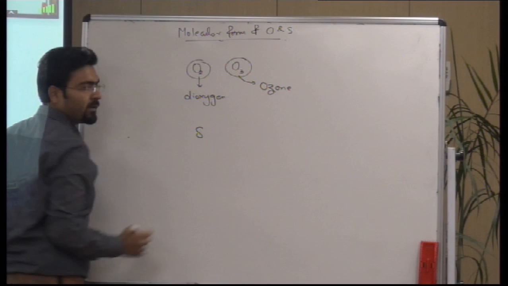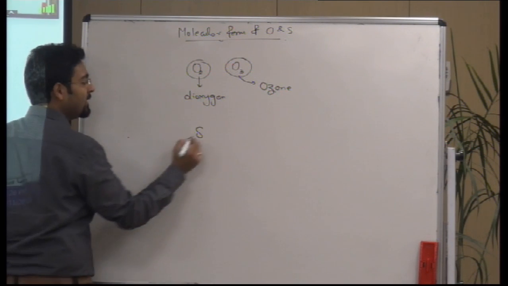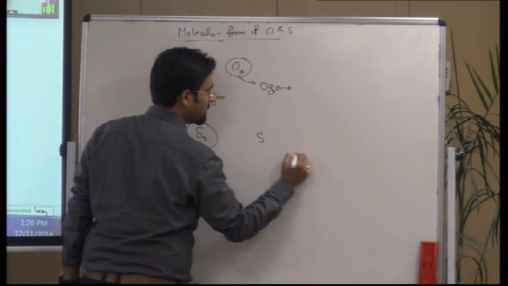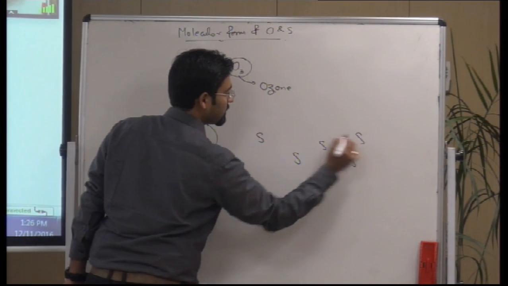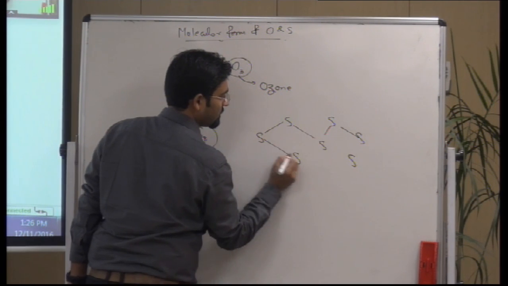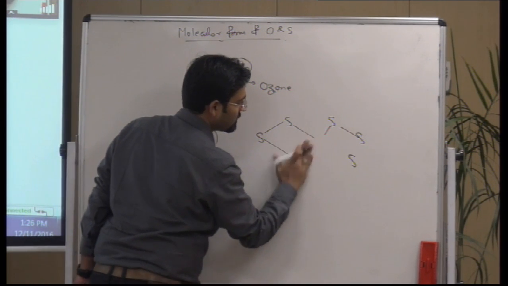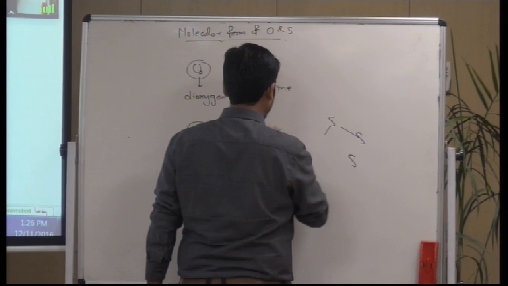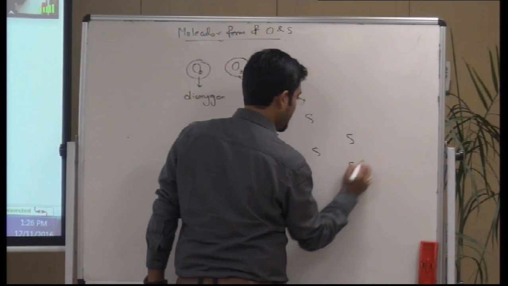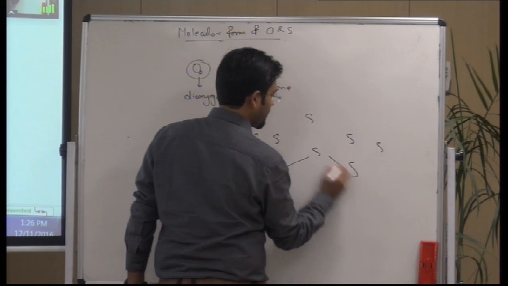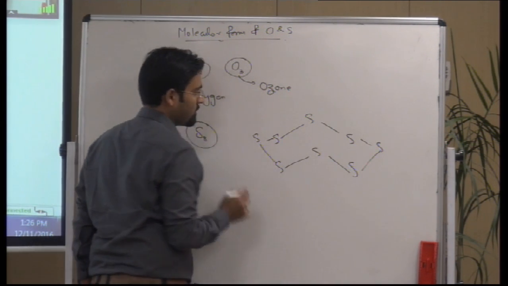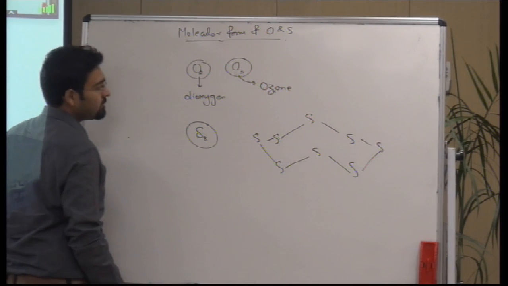In case of sulfur, sulfur exists primarily in the form of S8, which is a crown-shaped ring. So this is S8.